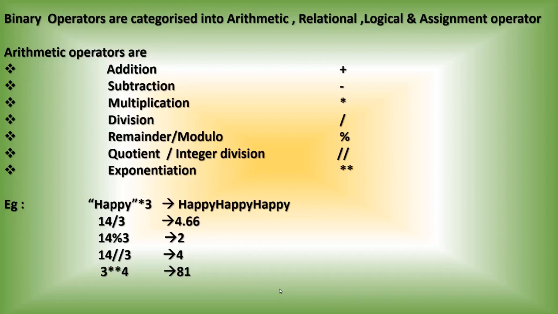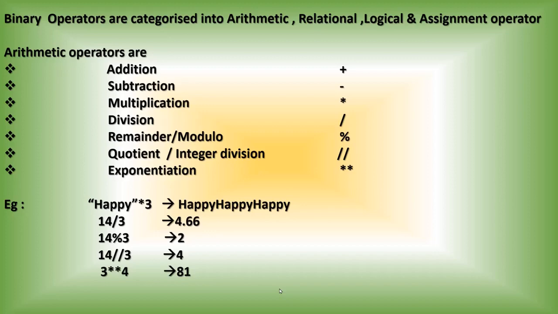See which are the arithmetic operators. There are different types of arithmetic operators I have written in the slide. Addition operator, you know that. Subtraction operator, multiplication operator, division operator. And the fifth one is remainder operator.